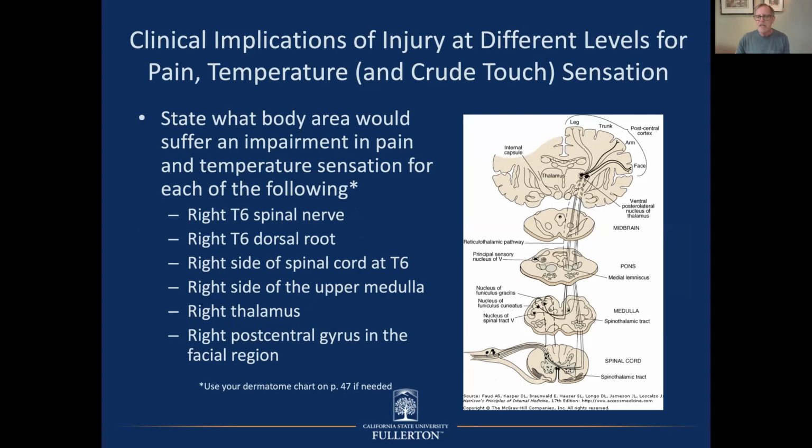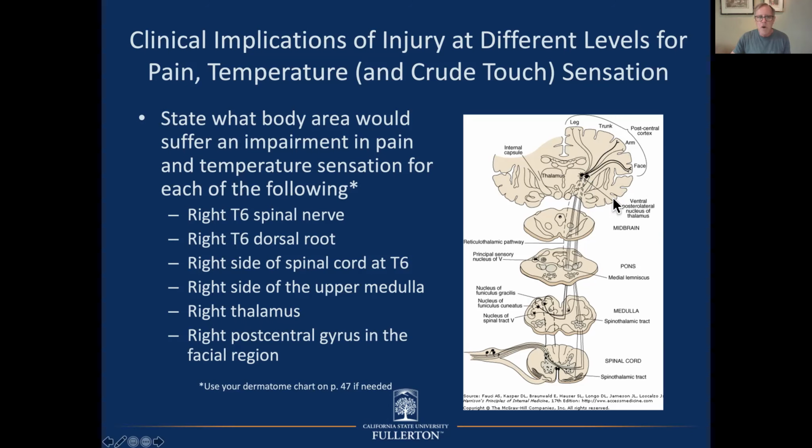But what they have done is a horizontal section through some level of the spinal cord, here it is, through some level of the medulla, here it's labeled, through some level of the pons, you're going higher and higher, the midbrain, and finally up in the cerebrum. The section is not horizontal any longer because that wouldn't show what we're trying to look at very well. It's coronal. And they show the thalamus, here's the thalamus, and the postcentral gyrus.